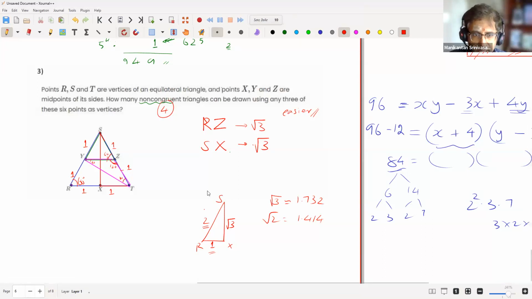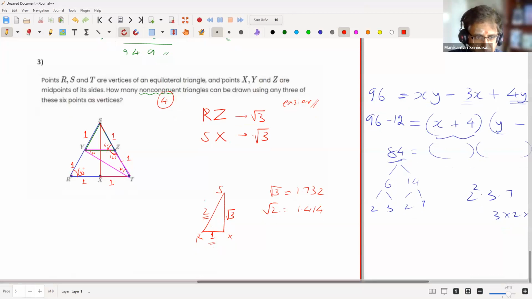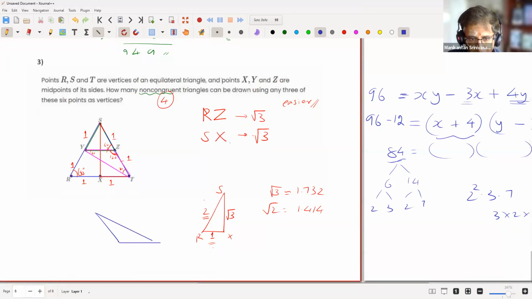So in general, forgetting this, suppose I have another problem. Let me draw a separate diagram. If I have a 120, 30 and 30, and let's say this side is 6, and this is also 6.